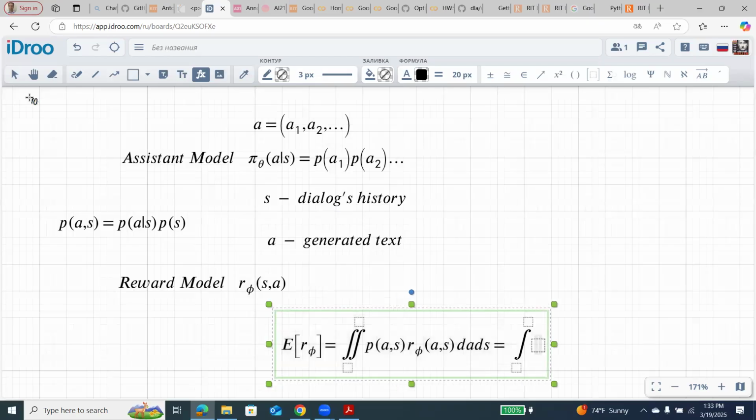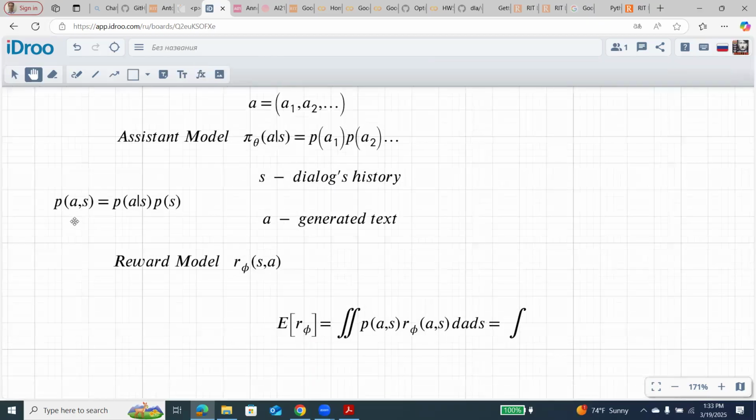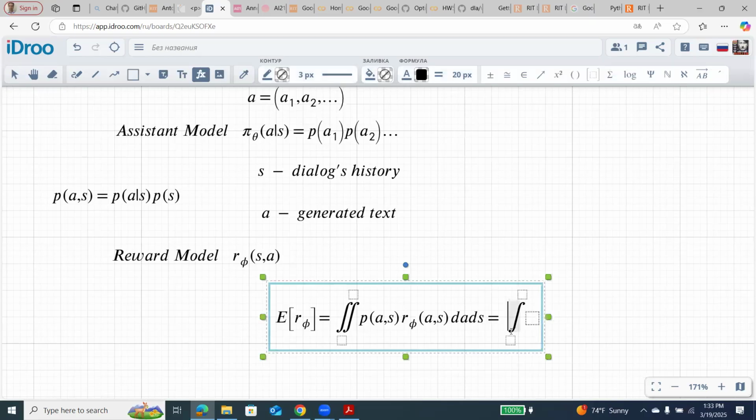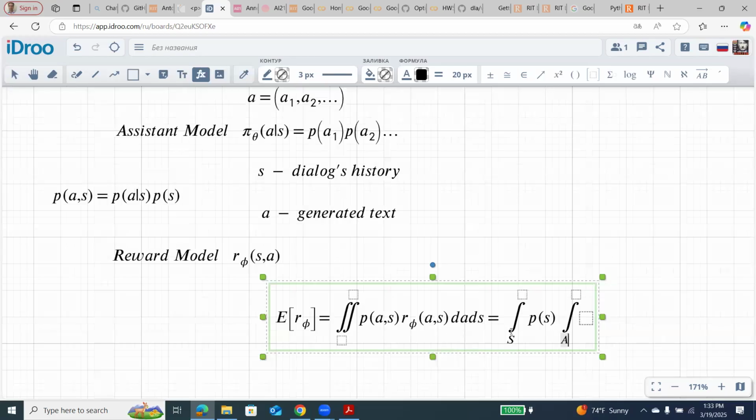One integral will go over all possible prompts, and the second integral will go over all possible continuations of our model.